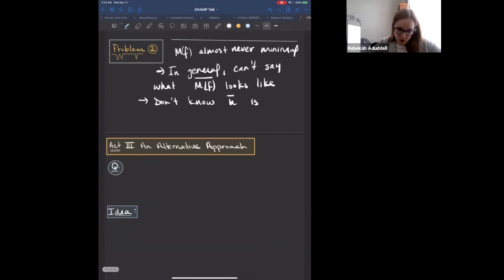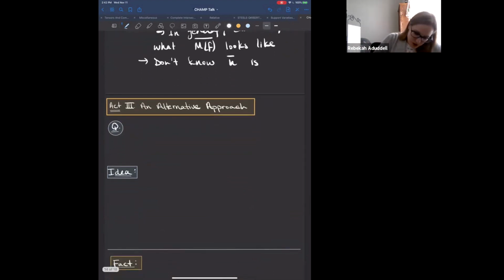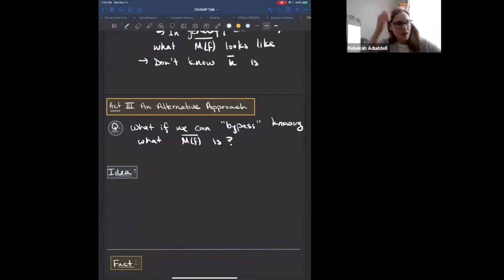The alternative approach: what if we can bypass knowing what the minimal subcomplex of the mapping cone is, and the induced endomorphism on the minimal subcomplex? The idea is to rely more on the triangulated structure of KTAC.